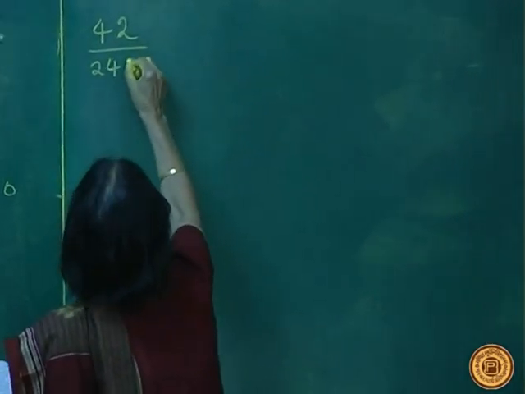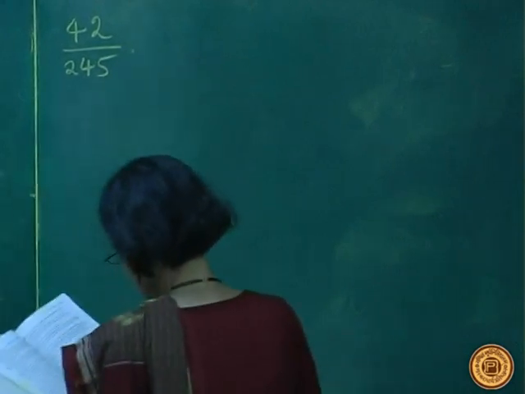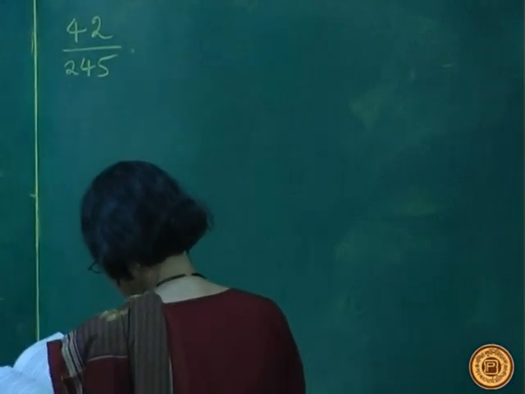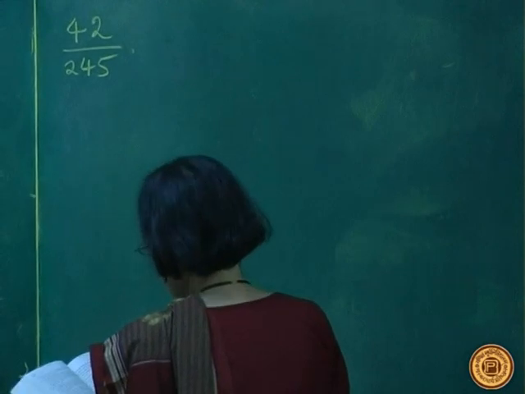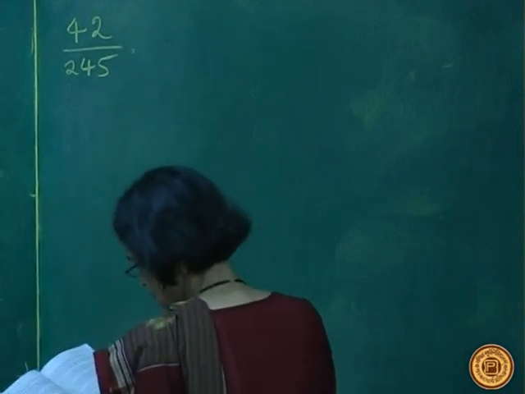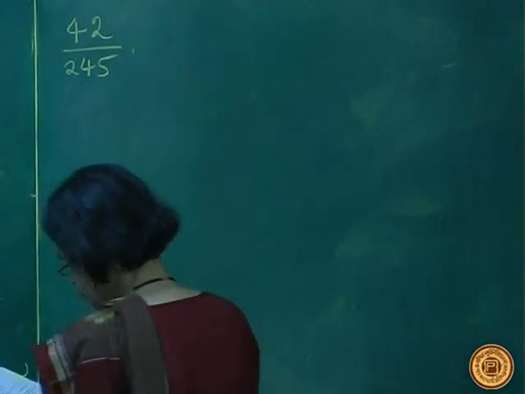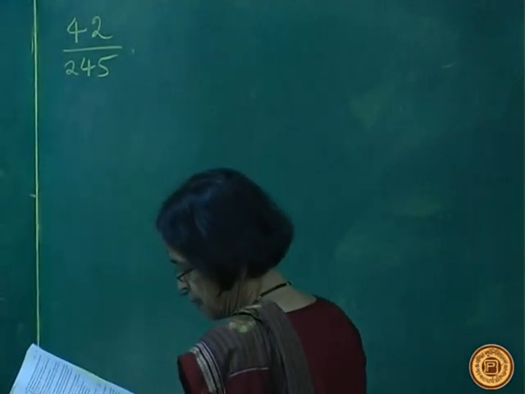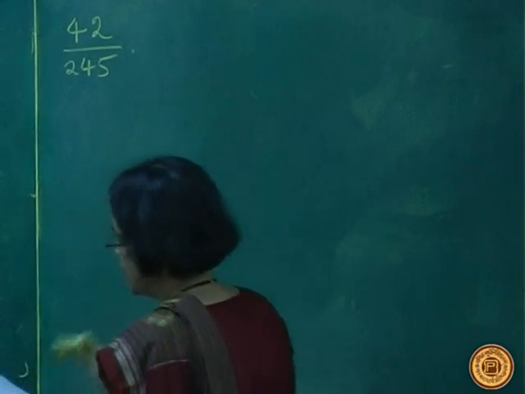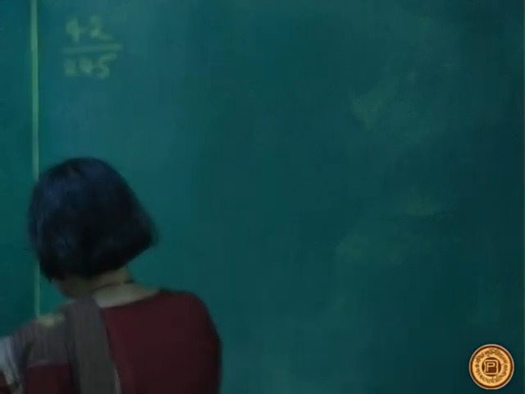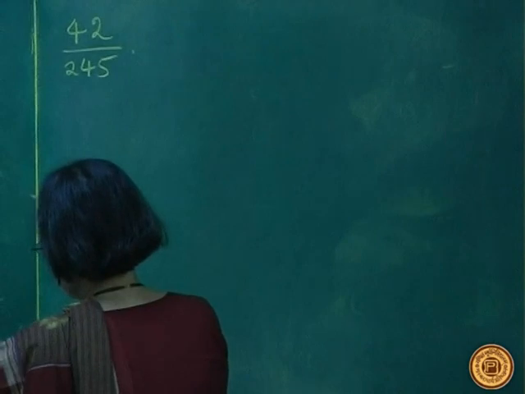Now this is 245. Maybe I will go back to 41 a little later, because that requires you to use your finite abelian group theory as well. We will come back to it. Okay. Let us look at 42.